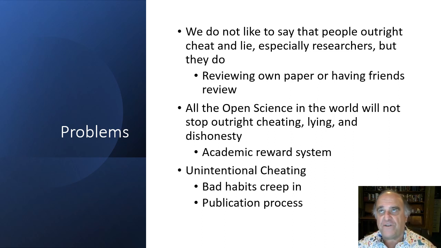For different people over time, certain bad habits start to creep into their research or their statistical analysis, or they just have a belief and they want their results to match their belief. Or oftentimes the publication process actually encourages unintentional cheating. The publication process itself tells people to change. If you want your paper published, you have to change this or that.